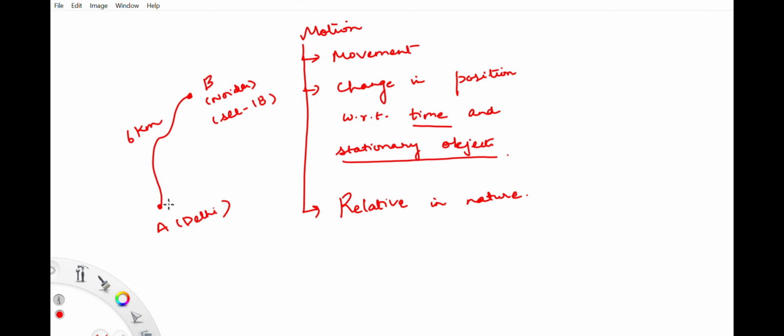And let's say the path length between Delhi and Noida sector 18 is 6 kilometers. Over here, 6 is the magnitude or the numerical value of this path length, and kilometer is the unit.